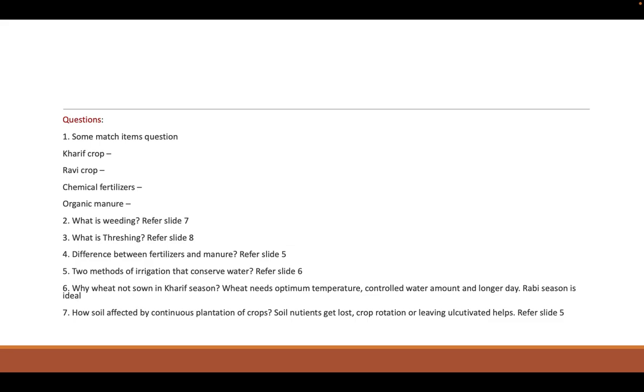Refer to slide number 5 to understand how continuous plantation affects the soil. So that's it for this chapter. This is part 1A, crop production and management, and we will connect again in the next chapter.